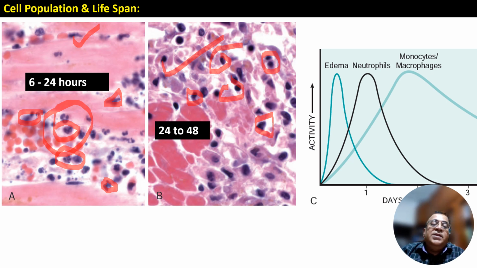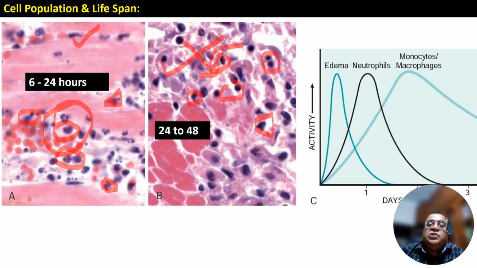When they arrive within the tissue, they undergo apoptosis and disappear, while the monocytes that appear after 1 to 2 days have the tendency to invade and proliferate within the tissue.